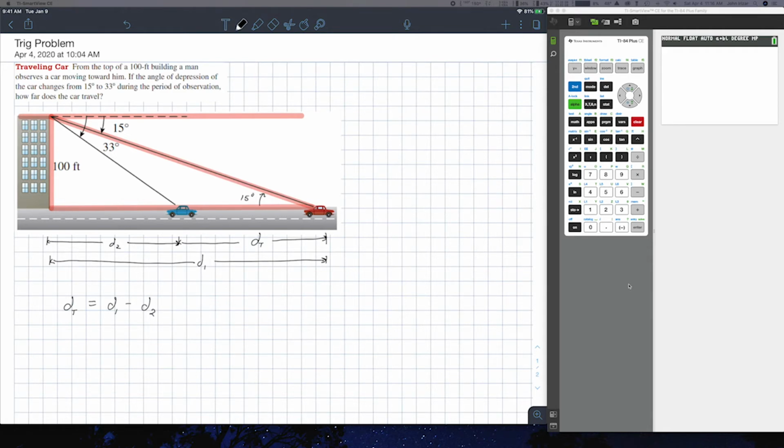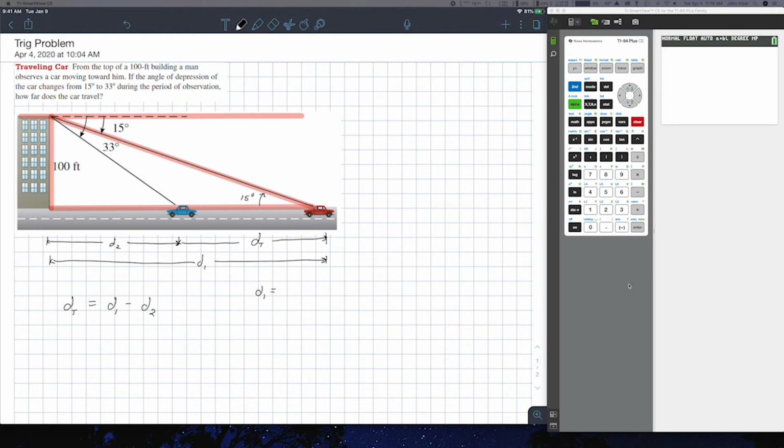Therefore, our d1, the initial distance, using trigonometry, which we know the side opposite of the 15 degrees, and what we want is the side adjacent to it.